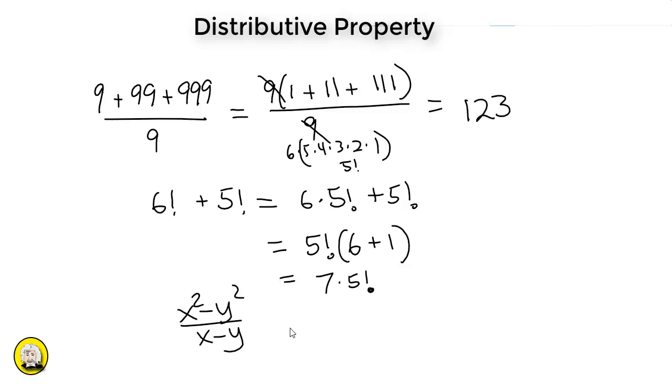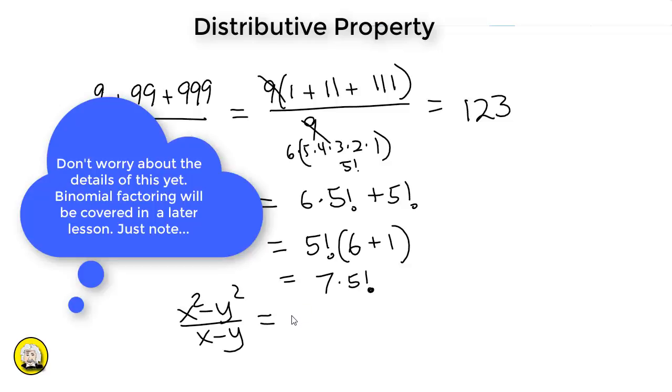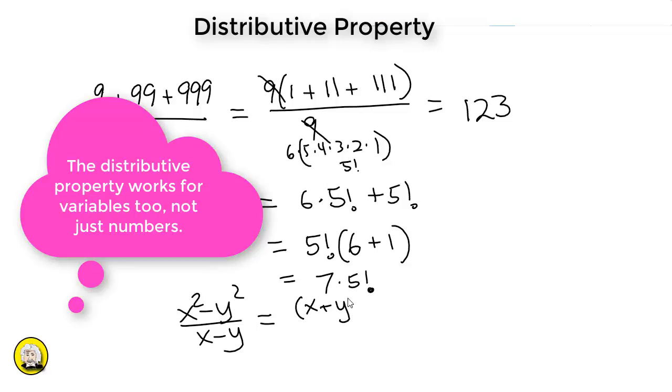But I can find a hidden factor in there of x minus y that I might be able to use. And in fact, I note that this is a difference of two squares, and the factors of a difference of two squares is x plus y times x minus y.